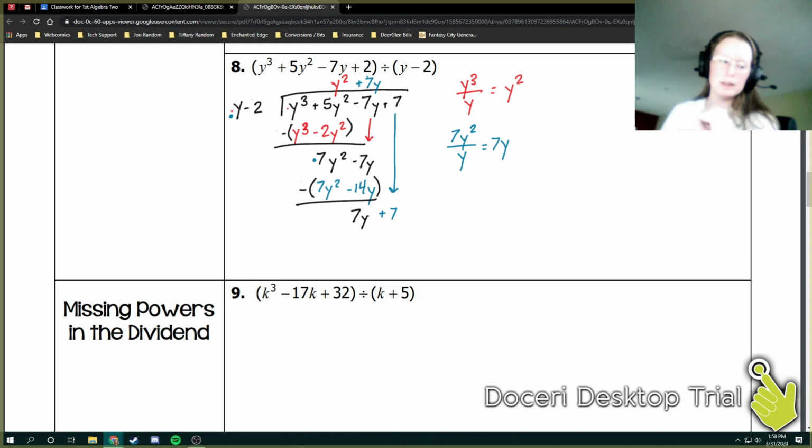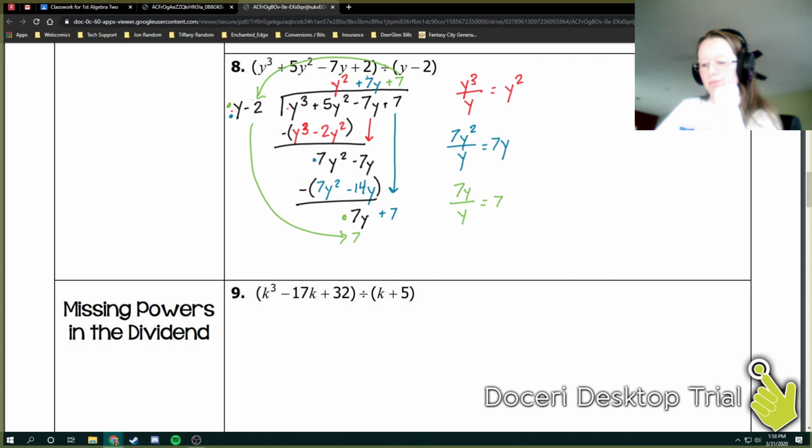And one last time. So I'm going to do green on this one. First term divided by first term just gives me 7. So I'm going to take that 7, multiply it through the y minus 2 and write that result down here. And then we subtract.